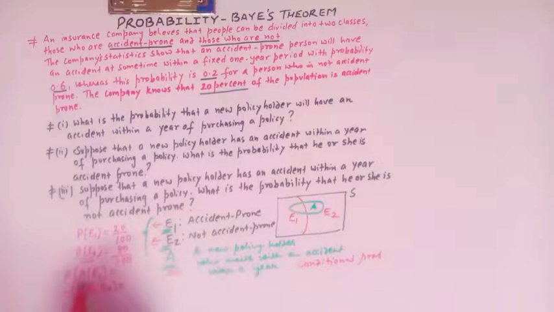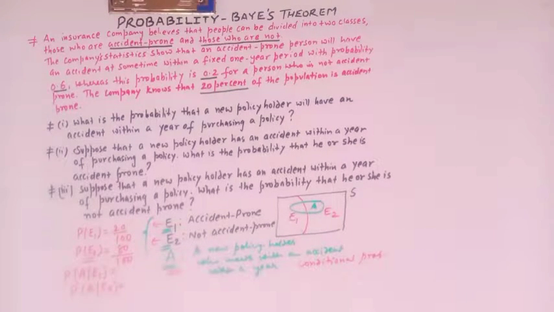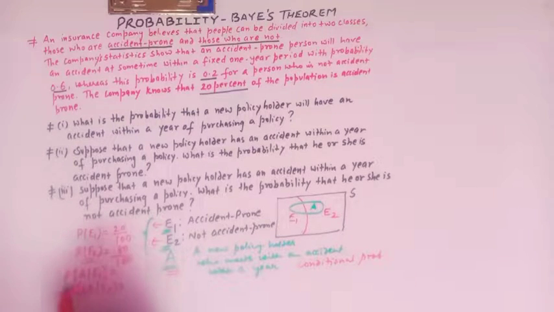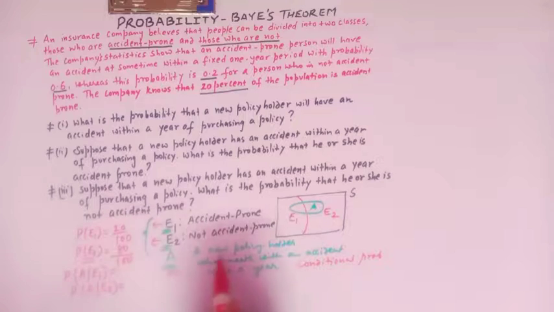So P(A|E1) and P(A|E2) represent the conditional probability of A with the events E1 and E2 respectively.